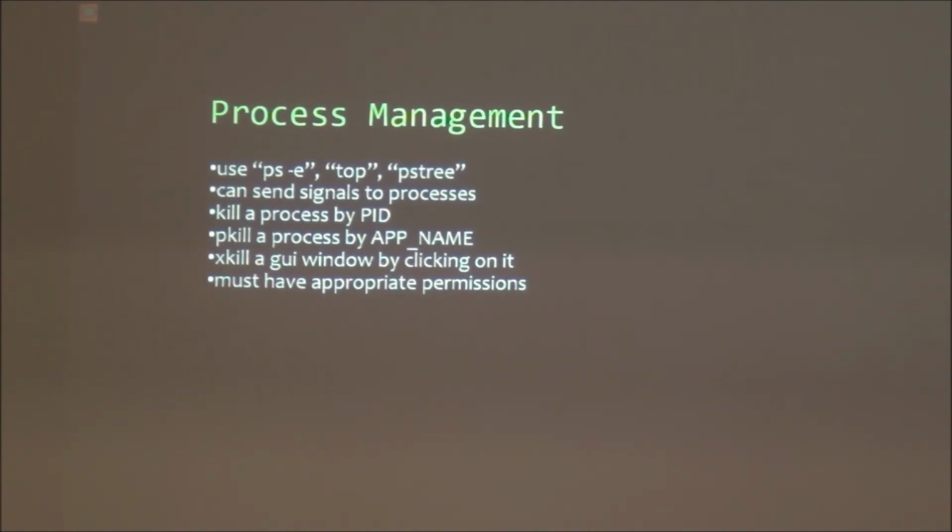So you can send signals to the processes. A signal is basically telling the process, hey, I want you to stop, or I want to put you in the background, I want to put you in the foreground, I want you to die, which is kill -9. That's a very bad way of ending a process, but it's the most effective.